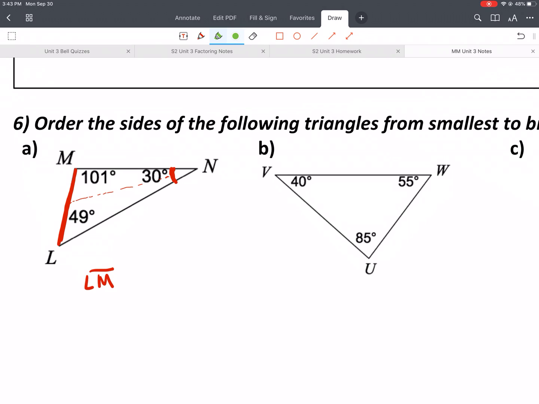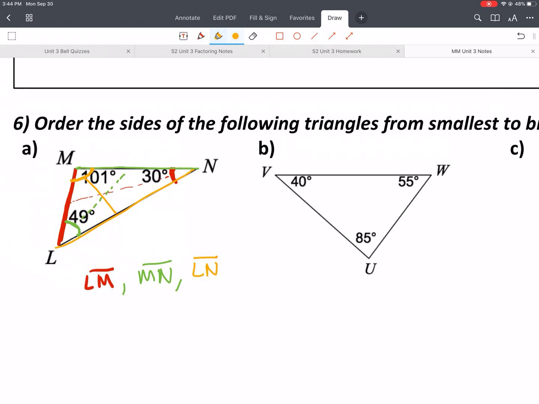The next smallest angle would be the 49, would go across, and this would be our medium length side, which would be MN. And then the largest angle, which is right here, 101, would go across there, and that would be our longest side. So we just go across from that angle, which would be LN.